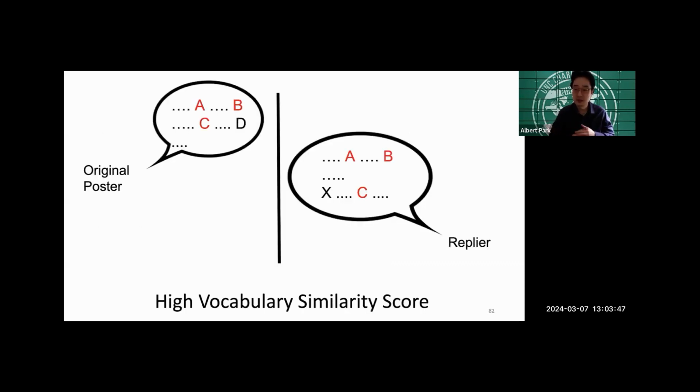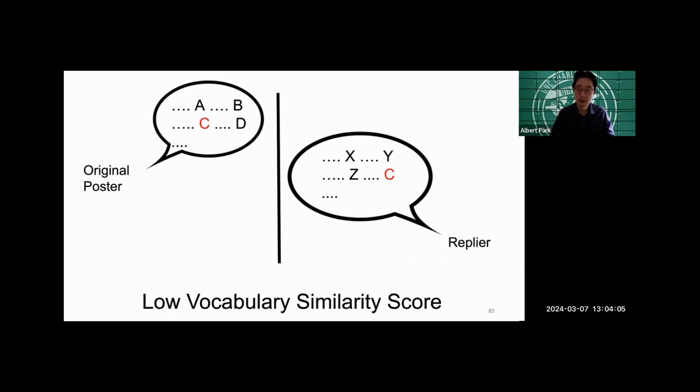Just to simply explain how I calculate the cosine similarity scores in the vector space model, let's say 2 bodies of text share many of the same vocabulary, in this case A, B, and C, and they will result in a high vocabulary similarity score.